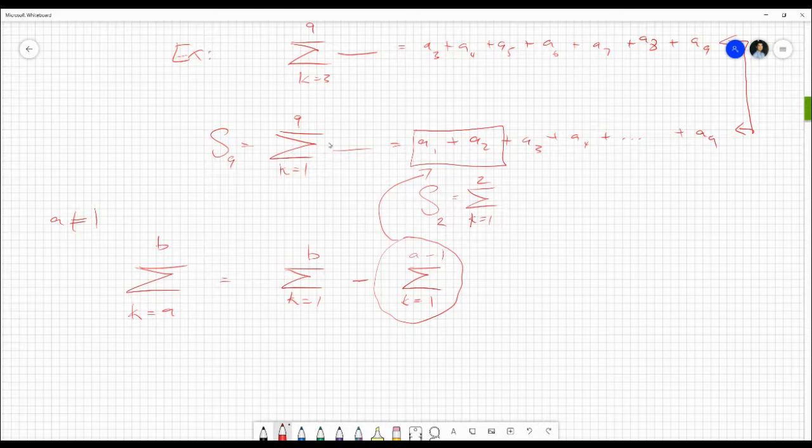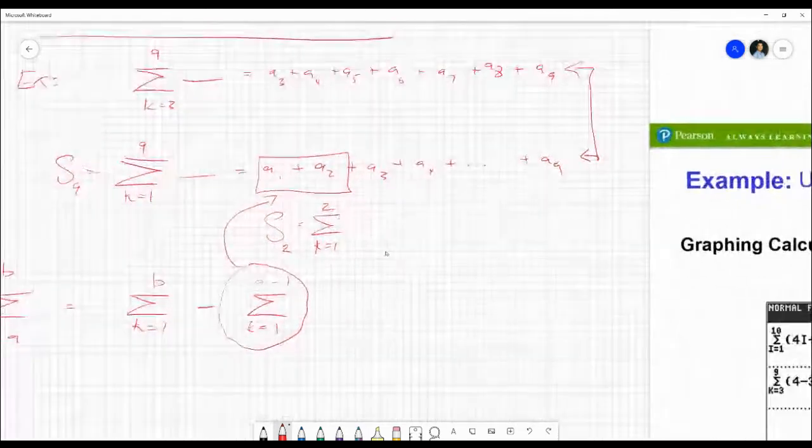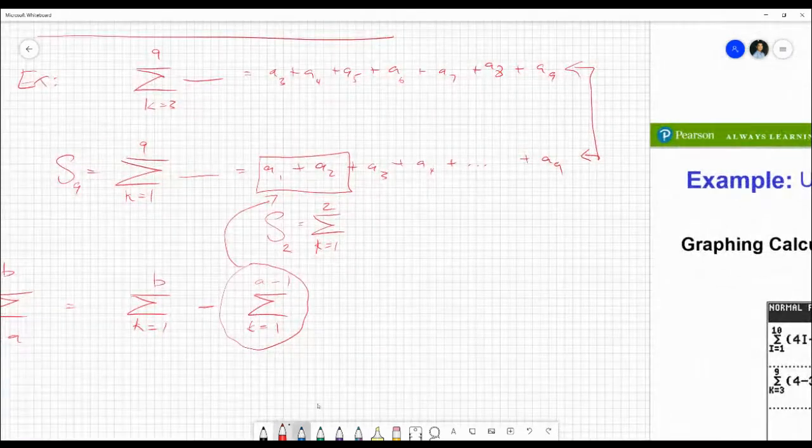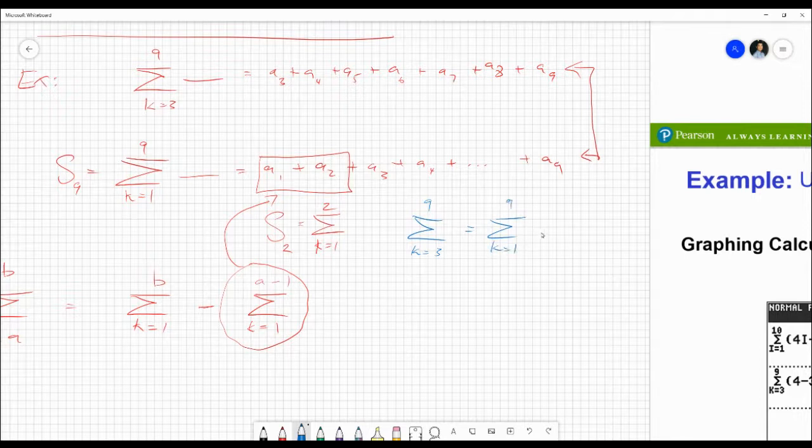All right, so if we look at this example up here, the summation from K equals 3 to 9 is equal to the summation of K from 1 to 9 minus the summation of K from 1 to 2. So how do we get these numbers here?